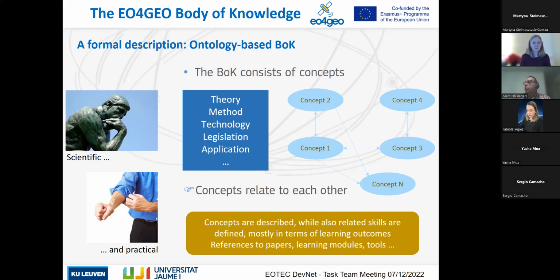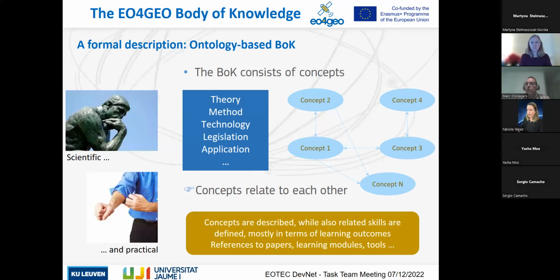Now, a concept in the body of knowledge has a description, but it also has related skills, and they are defined mostly in terms of learning outcomes related to that concept. And it also has links to references, so links to papers, learning modules, tools, and so on, that explain more about the concepts. What's important, of course, in an ontology is that there are relations between these concepts.